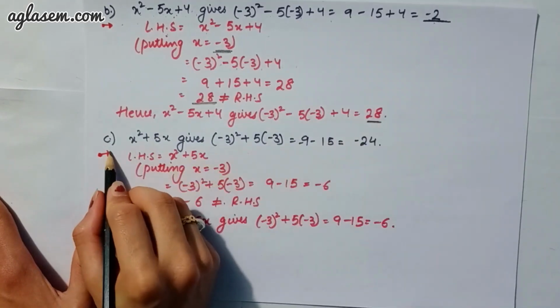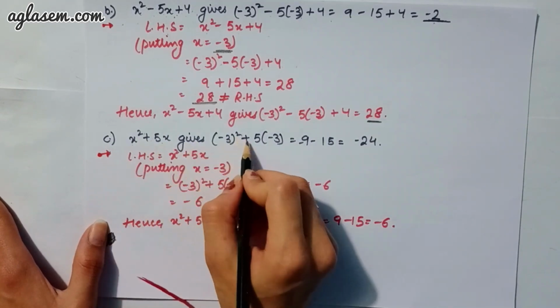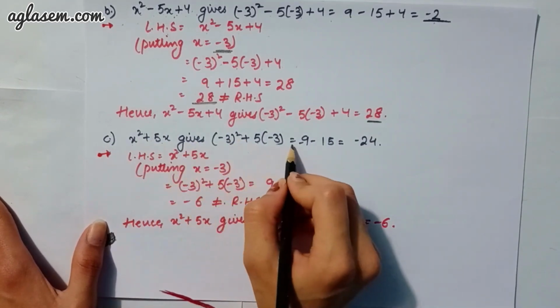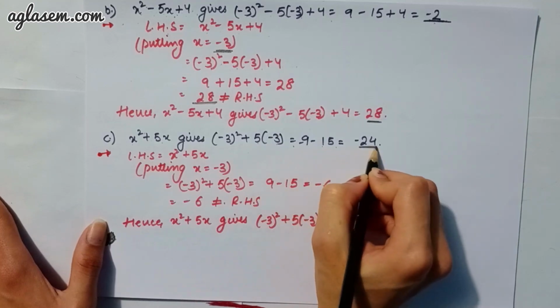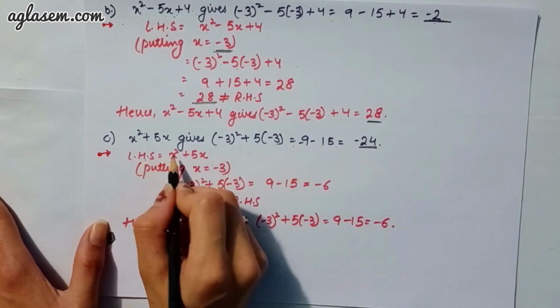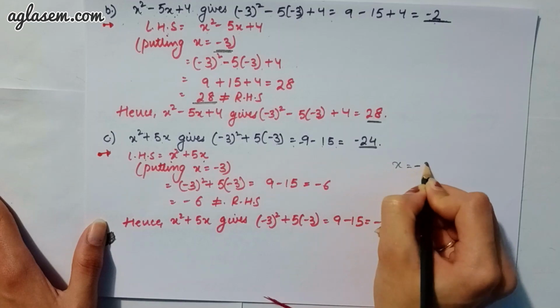Moving to our third part, which says x² + 5x gives (-3)² + 5(-3) equals -9 - 15, that is -24. Is it so? Taking LHS equals x² + 5x by putting the value given on the previous page, that is x = -3.